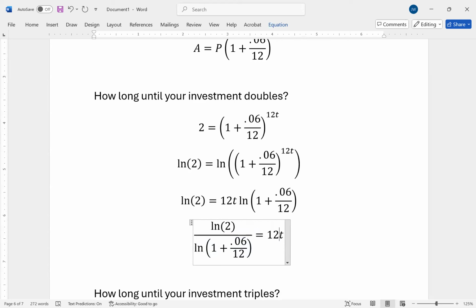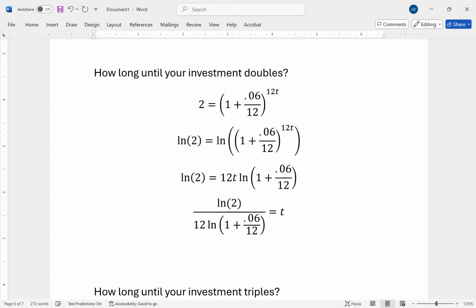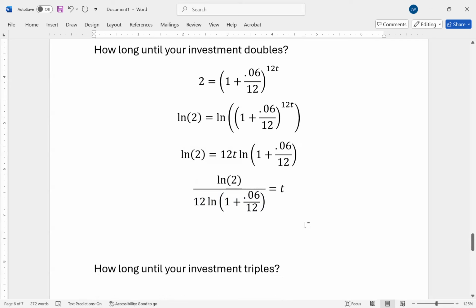And then I would divide everything by a 12. Now, in order to save typing, I'm just going to divide everything by a 12 right now. I'll put an extra 12 in the denominator there. So this is my exact value for how long it takes to double.